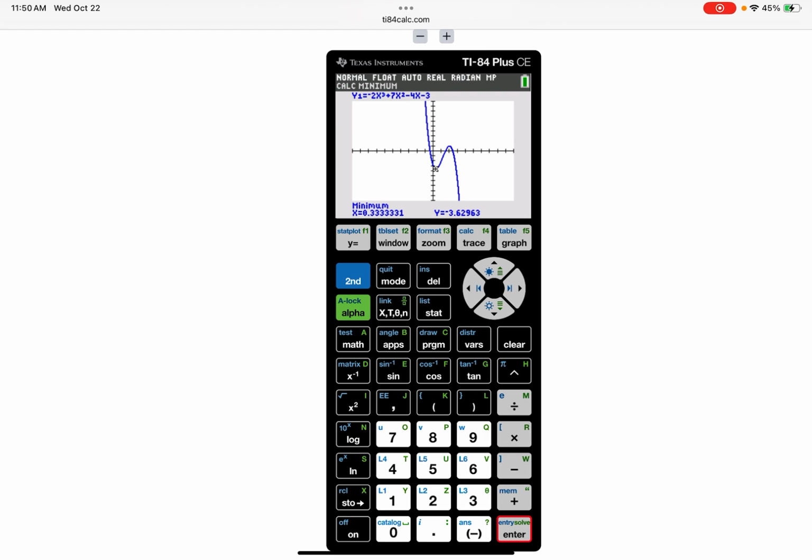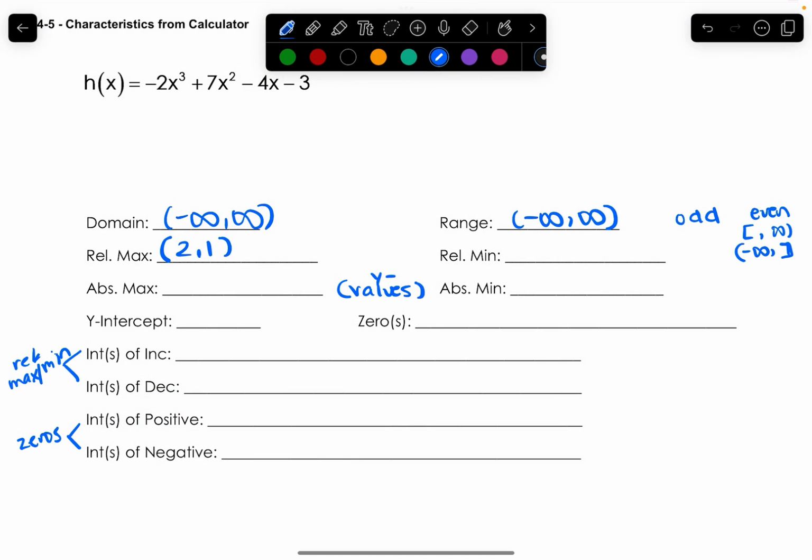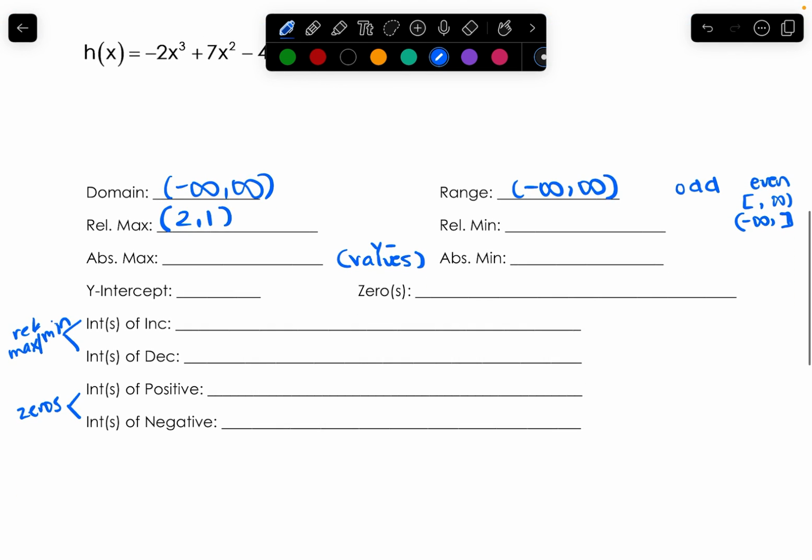That is 0.333, which is 1/3 actually. And we can leave this as a decimal. All right. So 0.33 and -3.63.